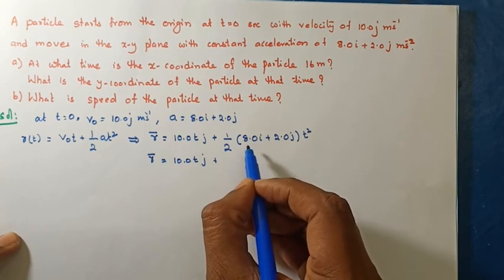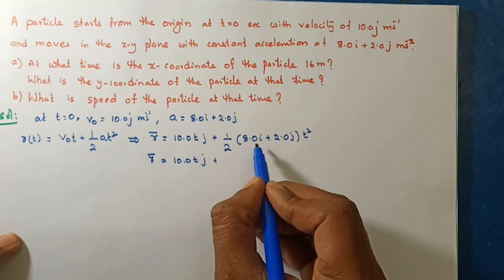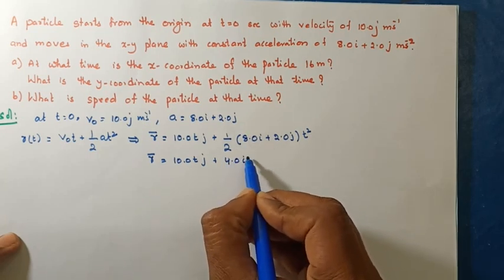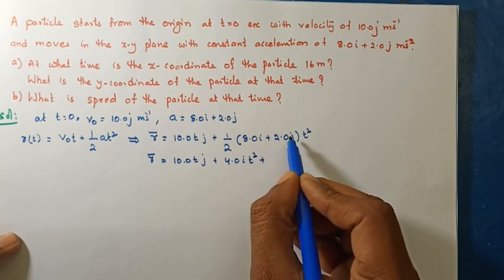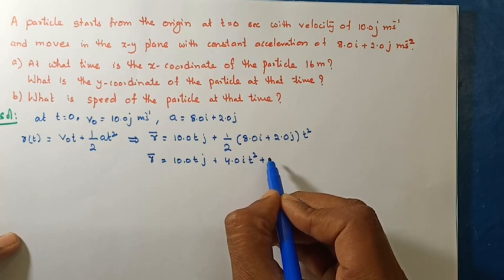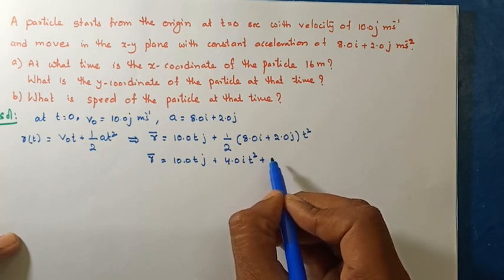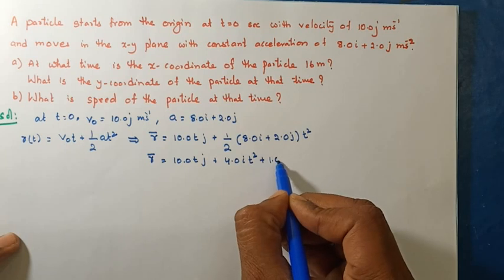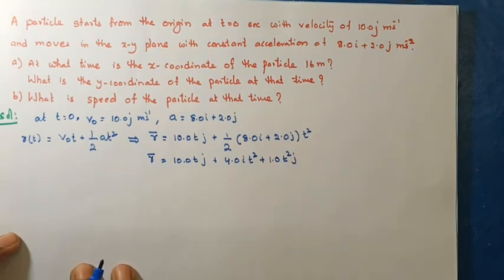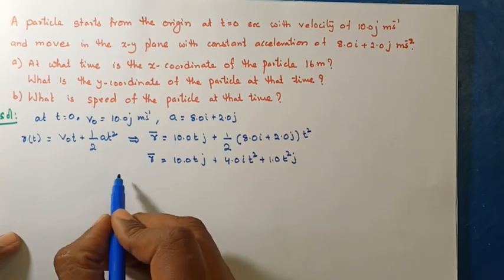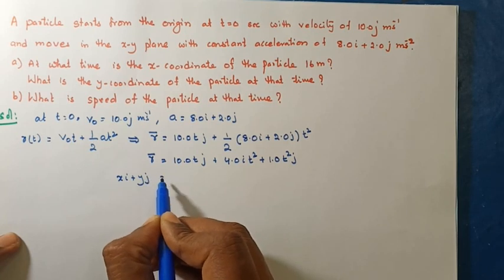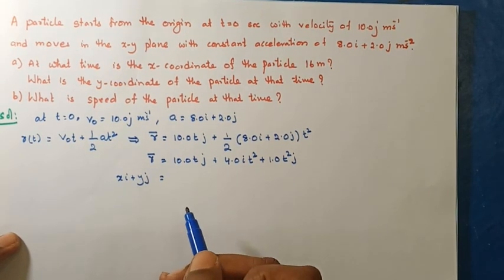What you will get is simply 4.0 i t squared, and simply 1.0 t squared j. So shall I write it as xi plus yj, which is called the position vector.